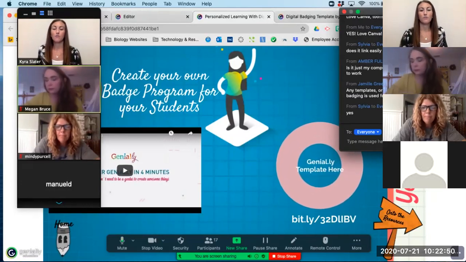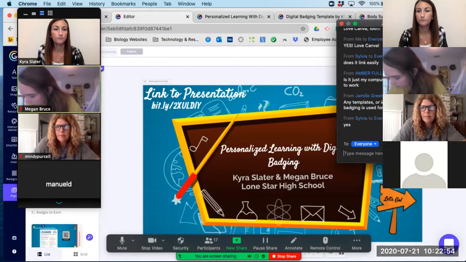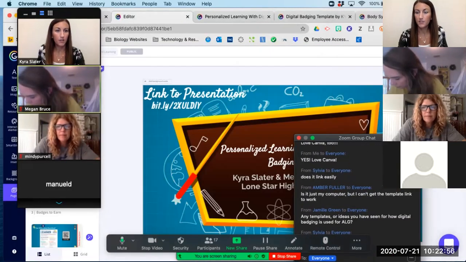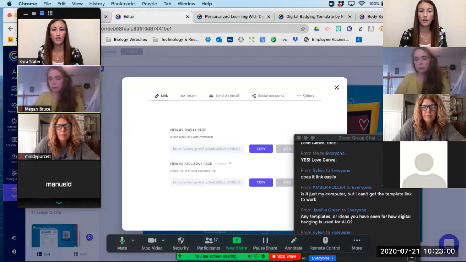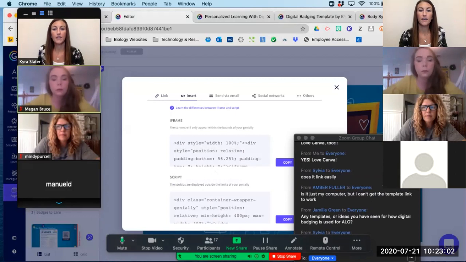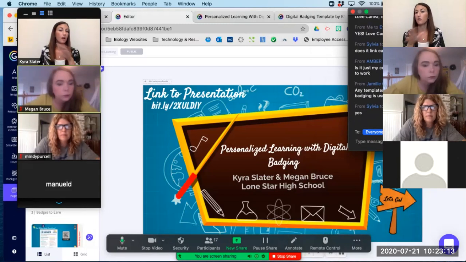When you're in the Genially editor, where it says present, you can click on share, go to insert, and you'll get that embed code right here. You have to use this top one and you can embed it straight into a page on Canvas. And your DLC can help you with that if you don't quite know how to do all that.